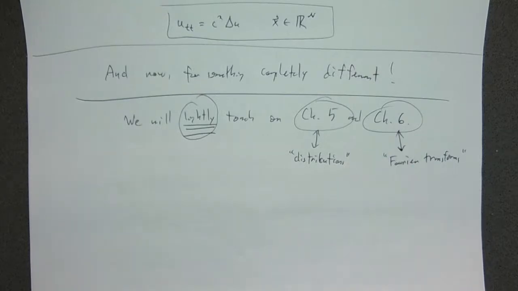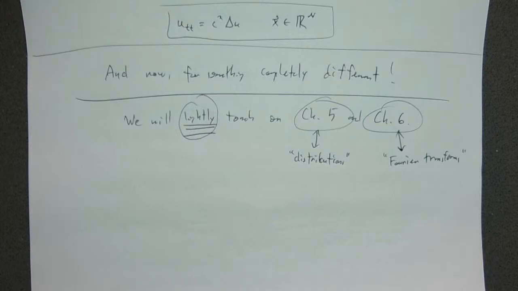We are just barely going to mention it. I will define it and say a few things about it. In fact, in 246 you've already encountered something very similar in spirit to it, which is the Laplace transform. But the Fourier transform is ubiquitous in so many fields it can't possibly be overstated.